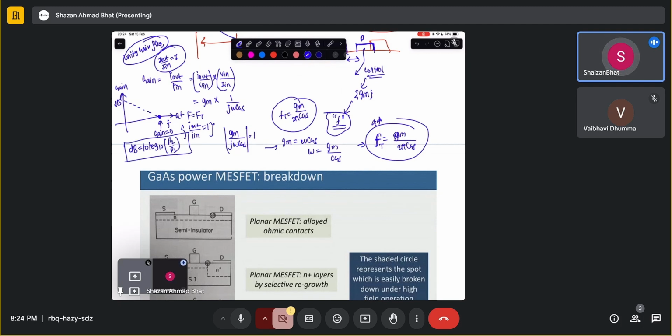When you compare in decibels, you have the ratio of two different power levels. Whenever it becomes equivalent to 0 dB, that means you have I out divided by I in equivalent to 1. So you have log of 1 equal to 0. That means you can write 10 to the power 0 as 1 on the other side.